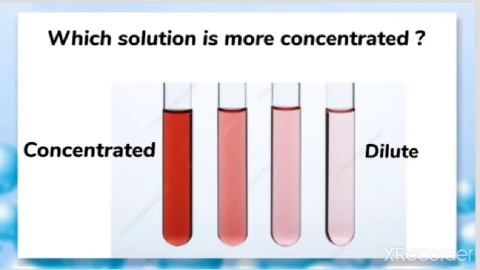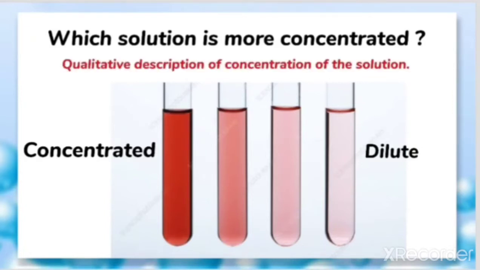That type of description is a qualitative description of the concentration of the solution. Qualitatively we can say that this solution is dilute because it has a relatively very small quantity of solute.